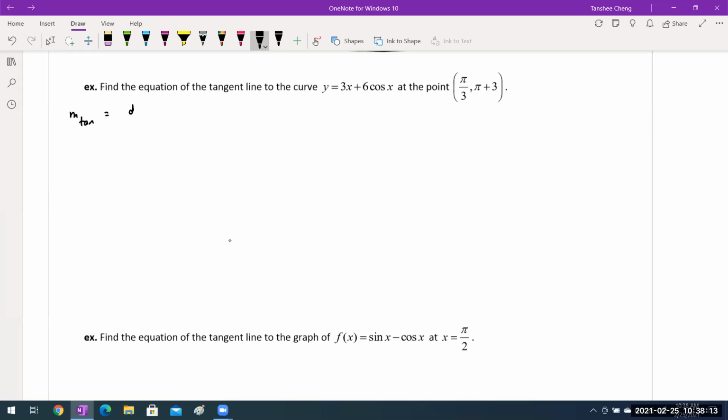That is basically looking at the derivative with respect to x of the function, which is 3x plus 6 cosine x. So the derivative of 3x is 3 plus 6 times the derivative of cosine x, which is negative sine x.